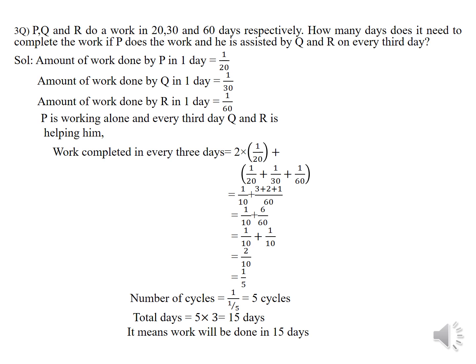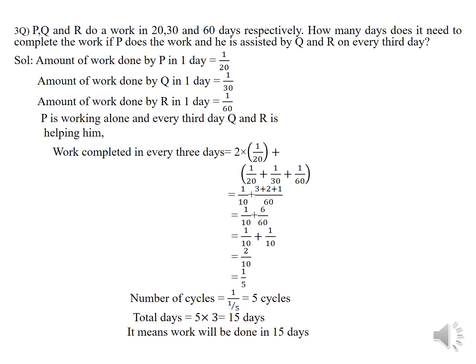After cancellation we get 1 by 20 plus, and if you take the LCM of 20, 30, 60 we get 60. So after simplifying we get 3 plus 2 plus 1 by 60. So 1 by 10 plus, after adding the numerator values, we get 6 by 60. Cancelling with the 6 table, we get 1 by 10 plus 1 by 10.